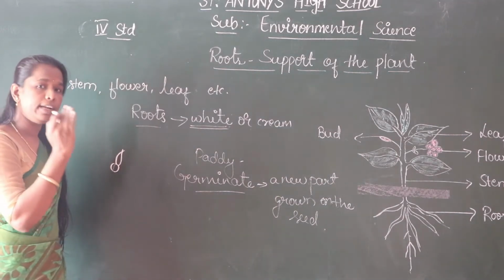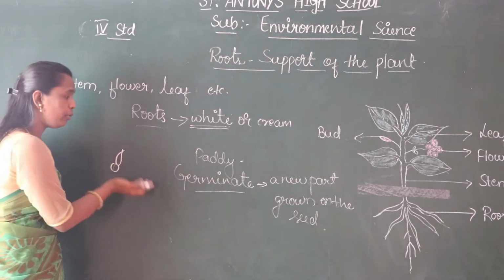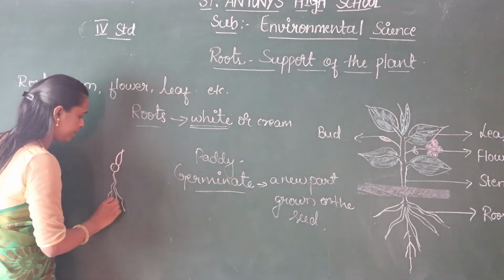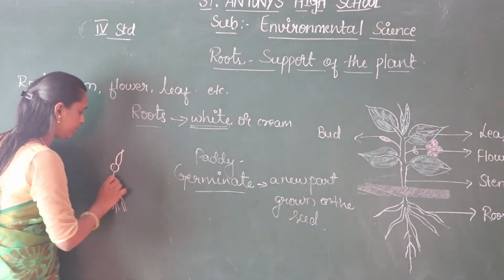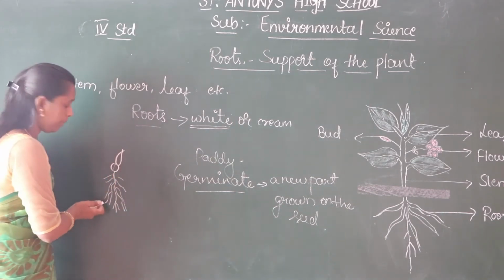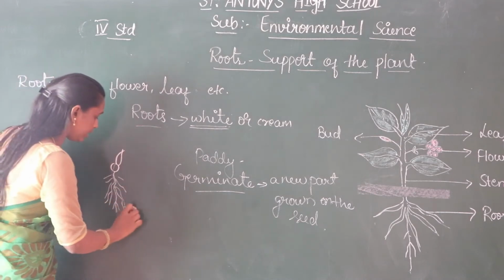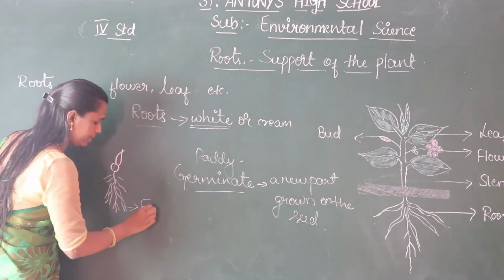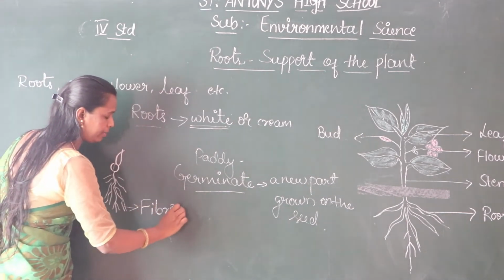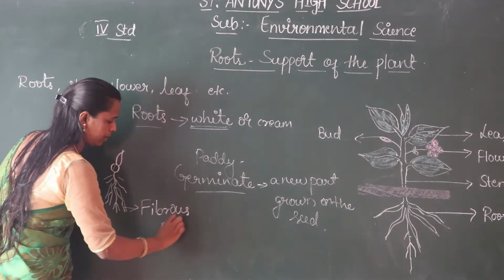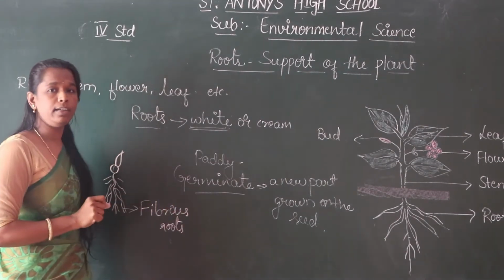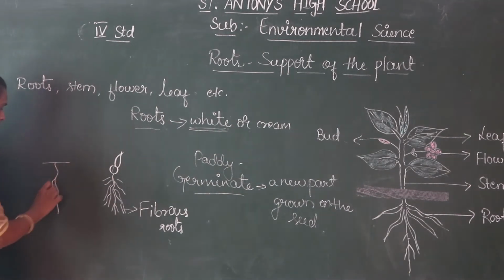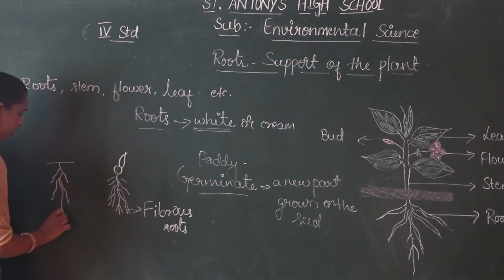Okay, children. After 2 days, we have to invert both the shells. We observe the roots. They are in a cluster, which means branches of roots are there. This type of roots are called fibrous roots. If we take a tulasi plant, the root is like this, in a single line.